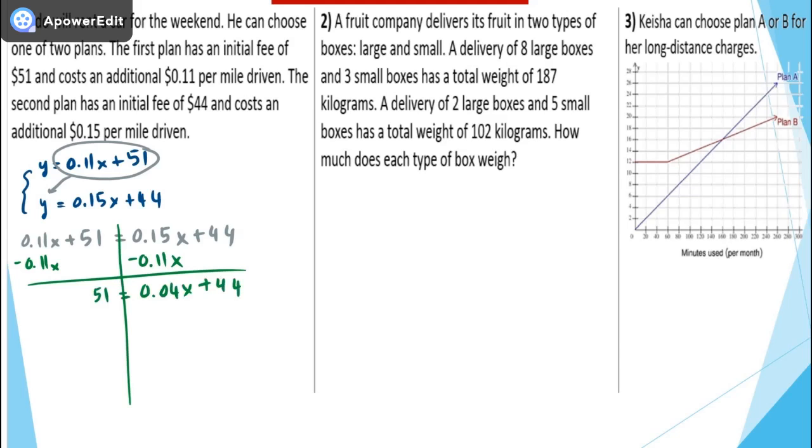To solve for x, you're going to subtract 44 on both sides. So 51 minus 44 will give me 7 equal to 0.04x. Then we're going to solve for x by dividing by 0.04 on both sides.